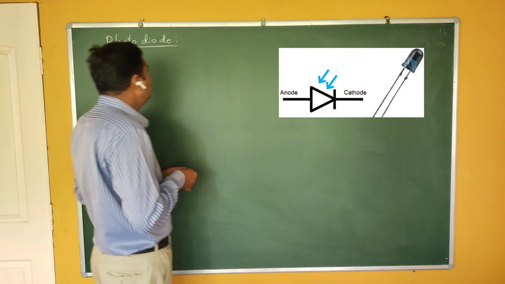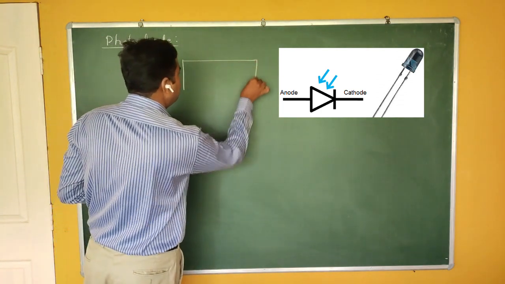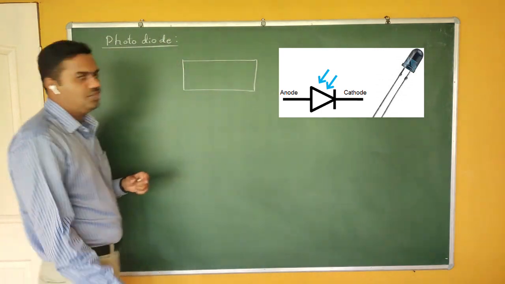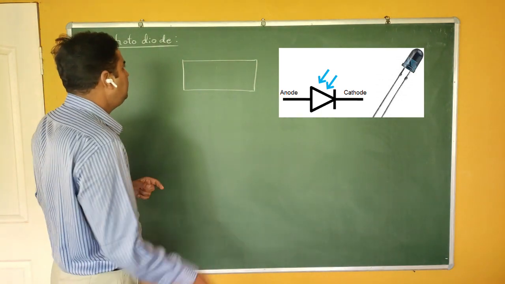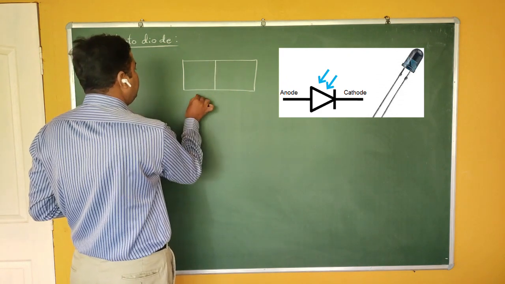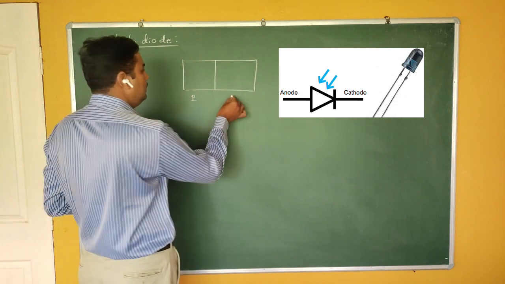First of all, this diode. As you know, the diode is nothing but a PN junction. What is meant by PN junction? PN junction means you have P type material on one side and N type material on the other side.